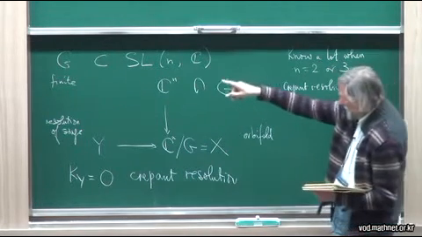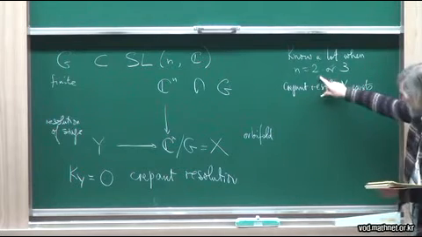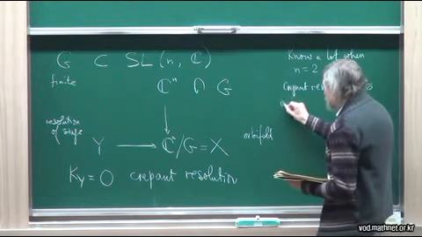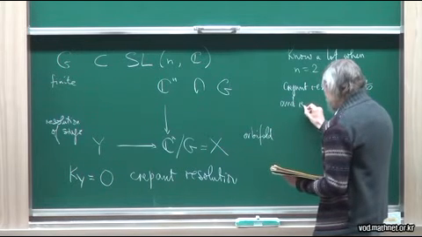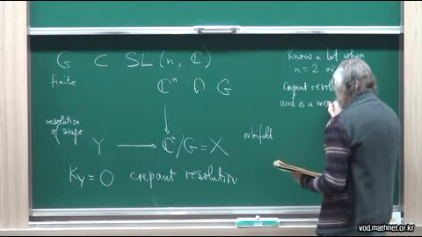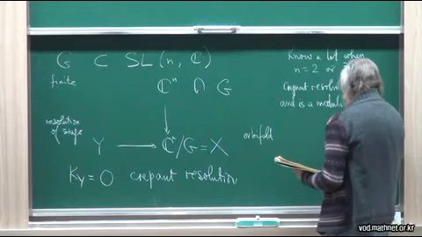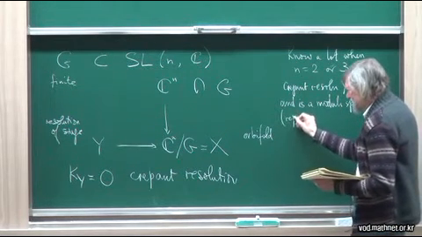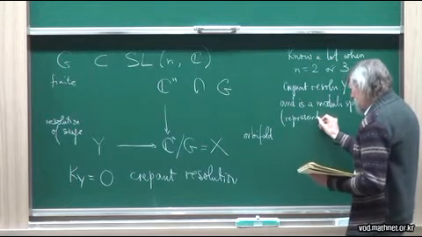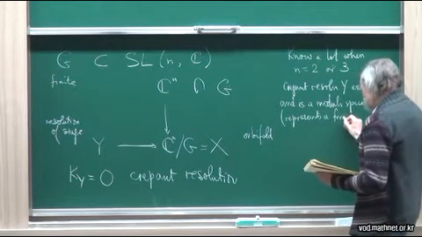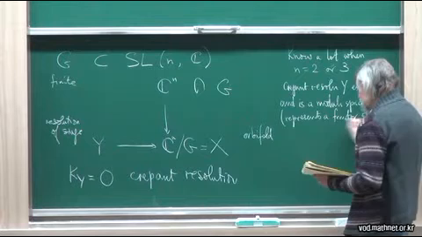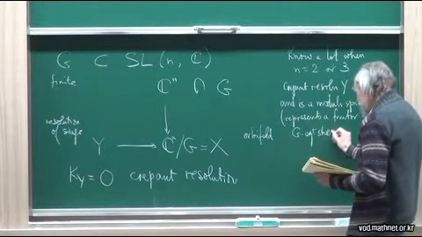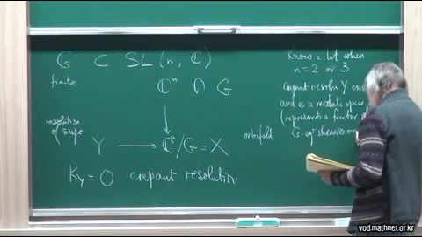So this is for any finite group in SL(n,C) when n is 2 or 3, the crepant resolution exists and is a moduli space. So, I mean, it represents a functor of G-invariant, of G-equivariant sheaves on C^n.